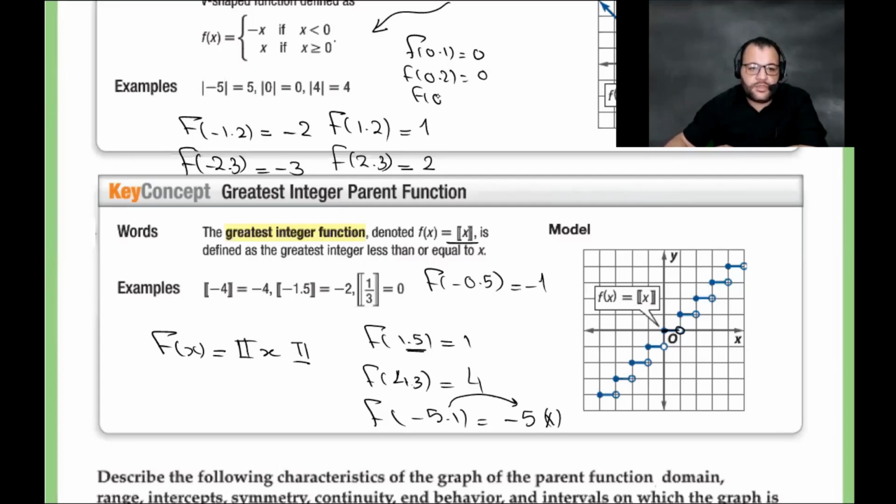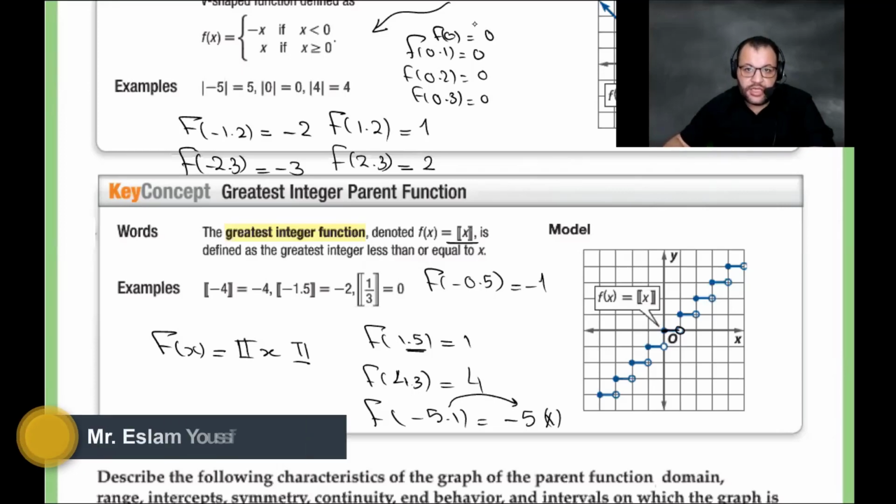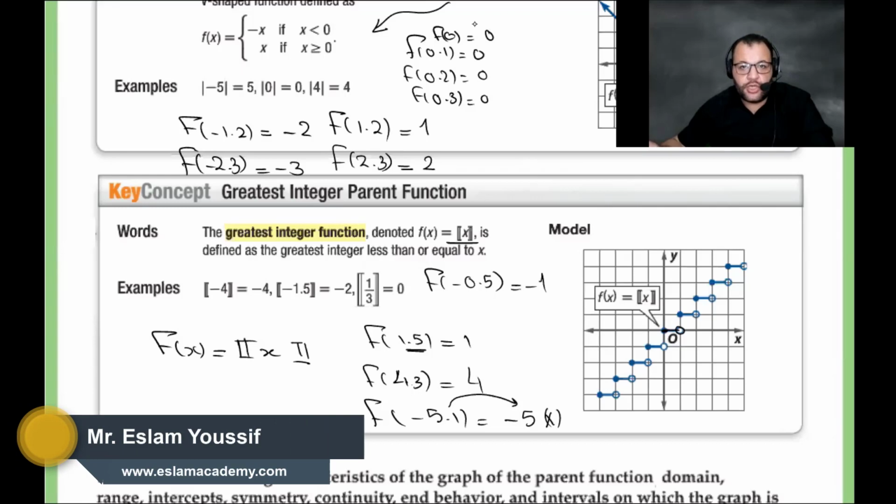F of 0.2 is 0. F of 0.3 is 0. So any number smaller than 1, the answer will be 0. All of this will be represented by a line as an interval. It's half open, half closed. It's closed at 0, because when I say f of 0, the answer is 0. It means 0 is included as a solution, because I need the greatest integer number which is smaller than or equal to the value of x.